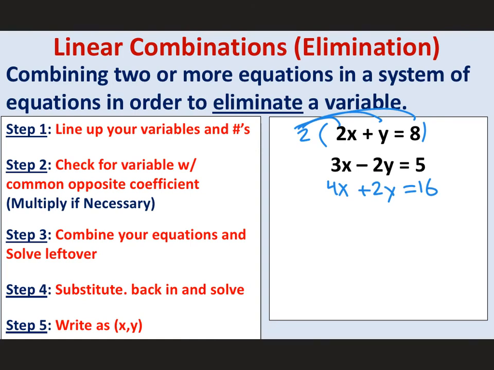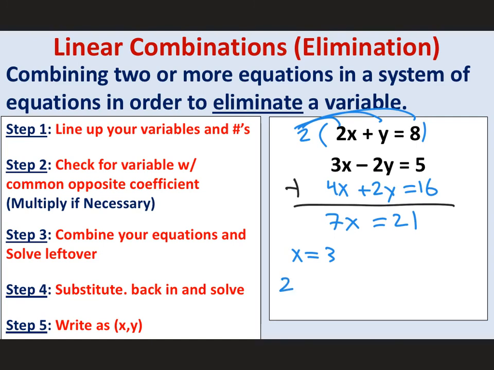We can then go ahead and combine these two equations. 4x and 3x make 7x. 16 and 5 make 21. Divide both sides by 7, x equals 3. We can then take this x equals 3 and substitute it back in for x in any of our equations. We get to pick. I'm going to pick the first one because I think that'll be the easiest.